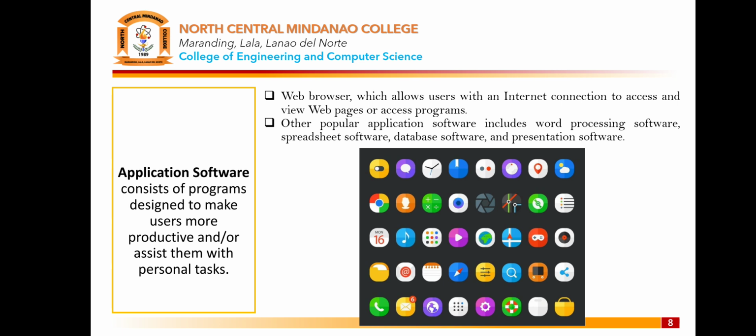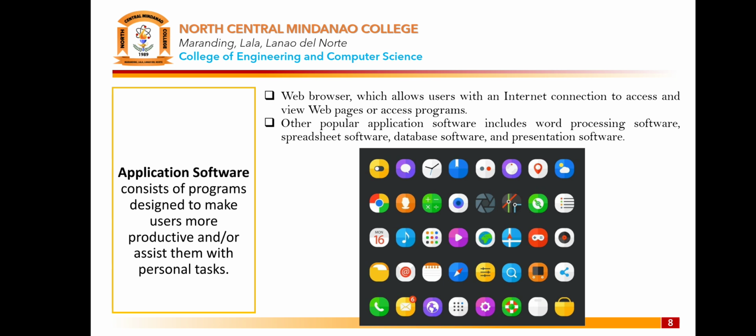Other application software includes word processing software, for example Microsoft Office products like Microsoft Word, Microsoft Excel, and Microsoft PowerPoint. And there is also database software like Microsoft Access.